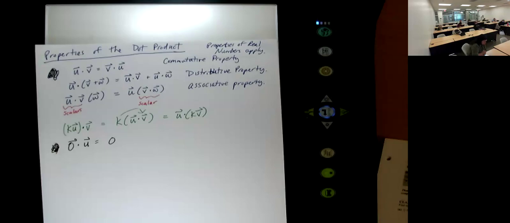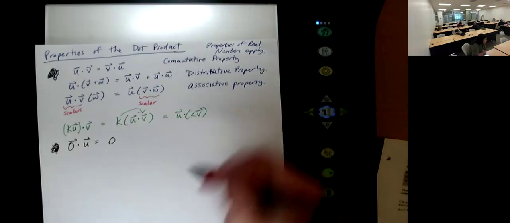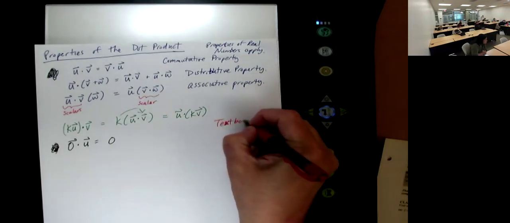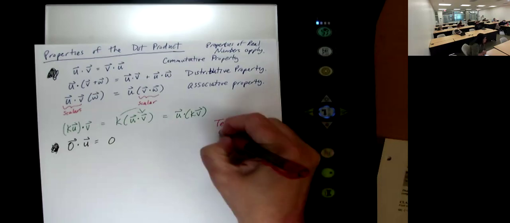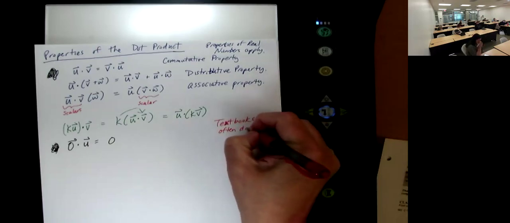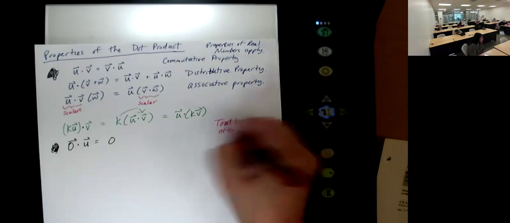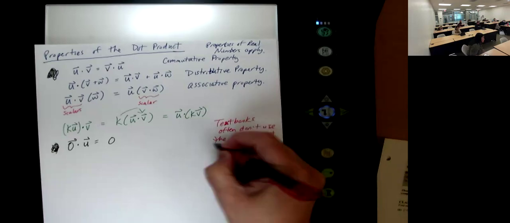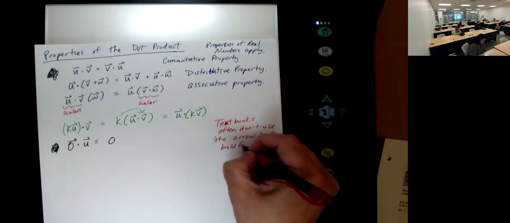Textbooks, this is worth noting, often don't show the arrow, but use boldface to show a vector.